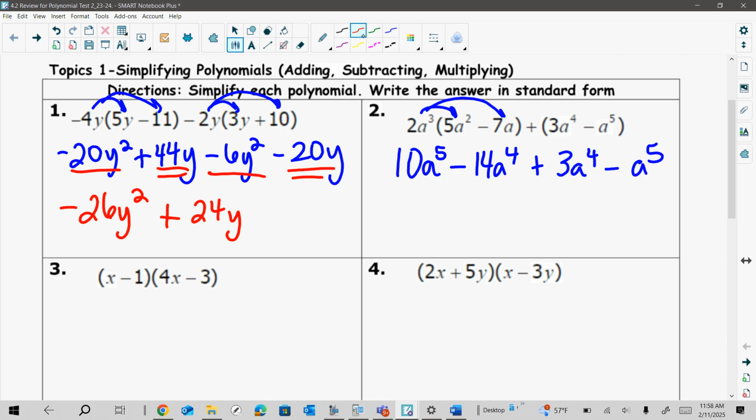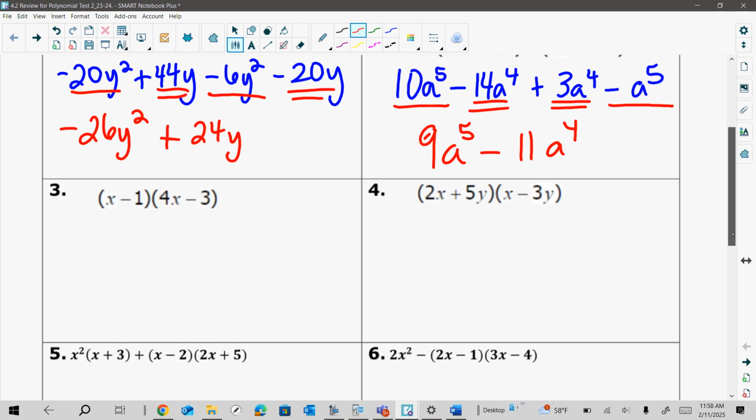The like terms are the 10a to the 5th minus a to the 5th. That leaves me 9a to the 5th power. The negative 14a plus 3a to the 4th is going to leave you with a negative 11a to the 4th. Don't add the exponents when you're simplifying.